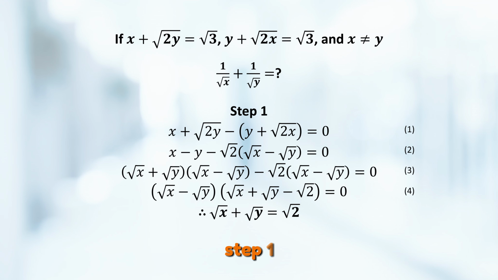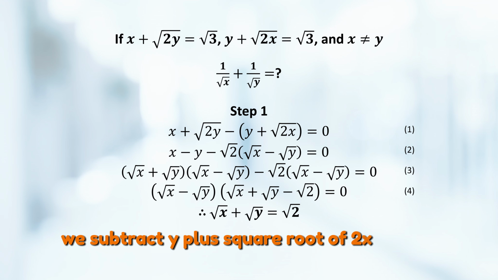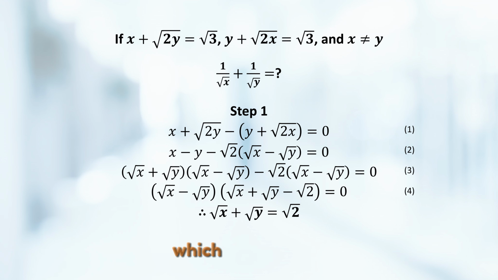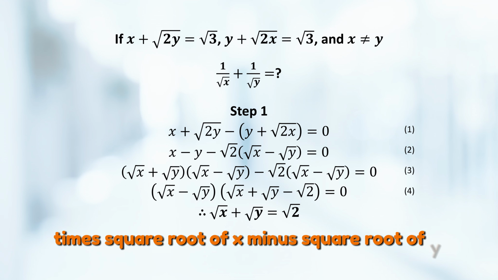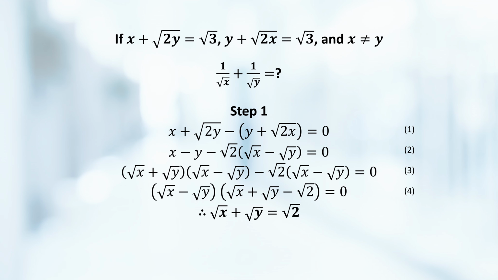Step 1. We subtract y plus square root of 2x from x plus square root of 2y, which equals 0. Next, we factor out square root of 2 and get x minus y minus square root of 2 times square root of x minus square root of y in parentheses equal to 0.